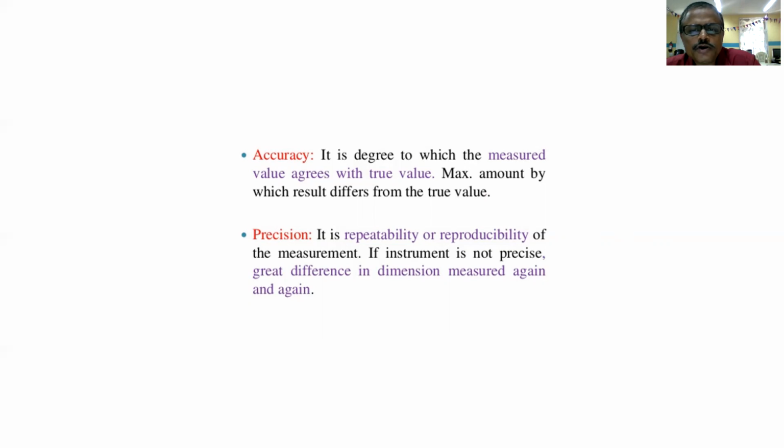If the instrument is not precise, then a great difference in dimensions is measured again and again. Okay, so this is regarding precision. Precision refers to the repeatability, and accuracy refers to the difference between true value and measured value.